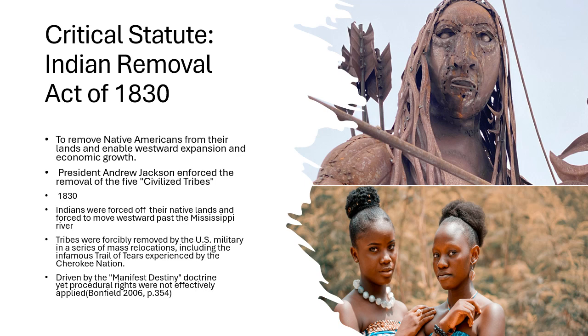It was really pushed forward by former President Andrew Jackson, as he enforced the removal of what they coined during this time period the civilized tribes, which were usually categorized as Chickasaw, Choctaw, Seminole, Creek, and Cherokee Indians, in the year of 1830.